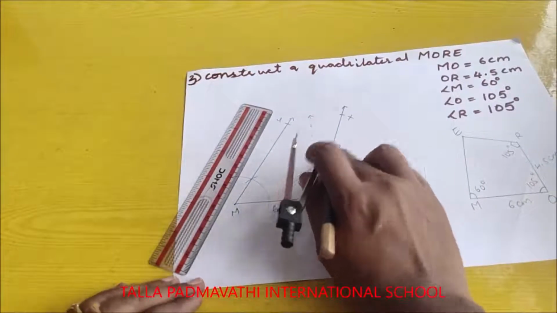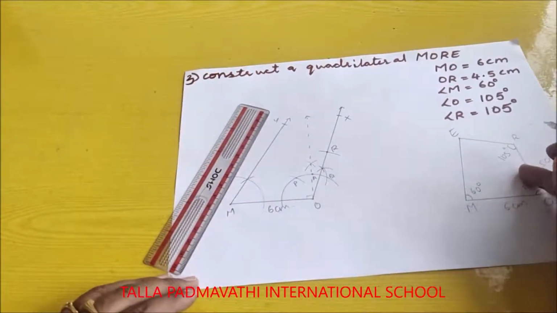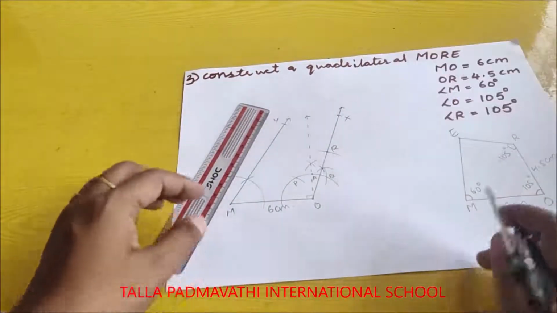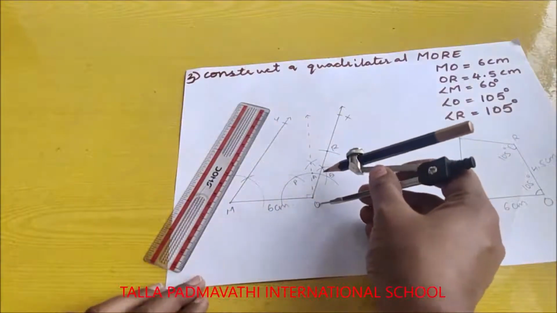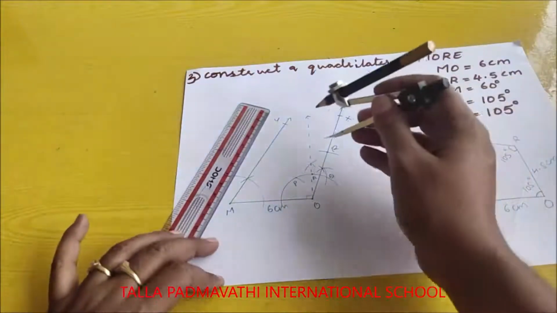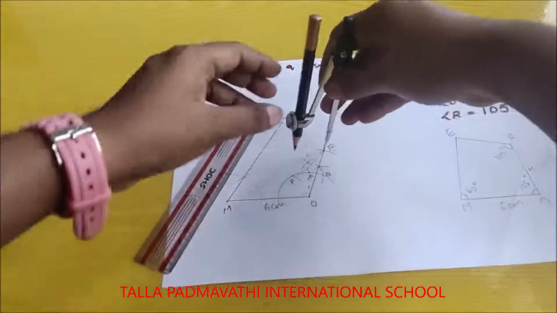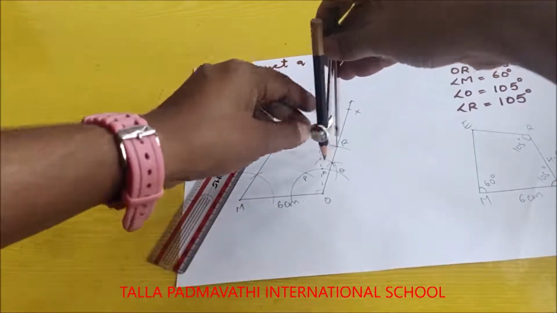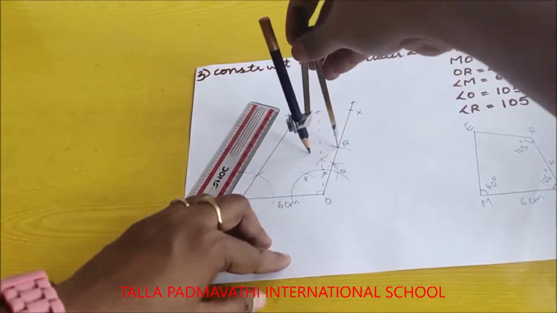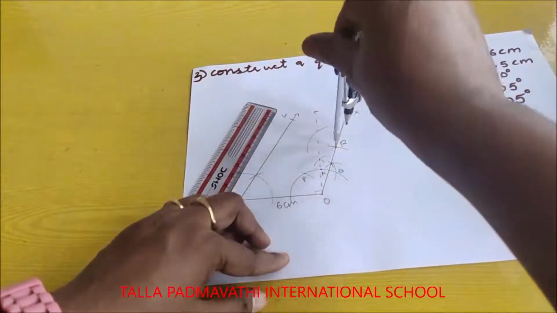Now as you have seen, R is how many degrees? R is 105 degrees. So you are going to draw 105 degrees. The same way we have drawn it at O, we are going to follow here, children. So with any convenient radius, we are going to draw a semicircle.